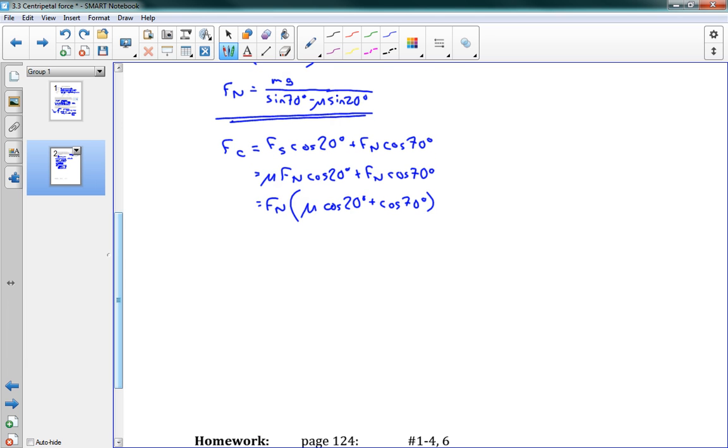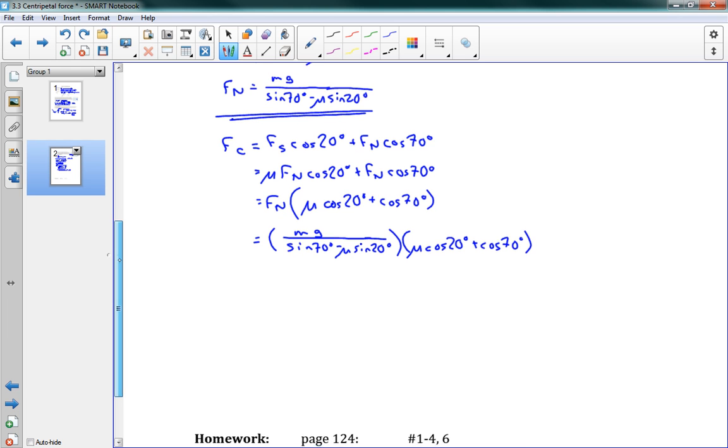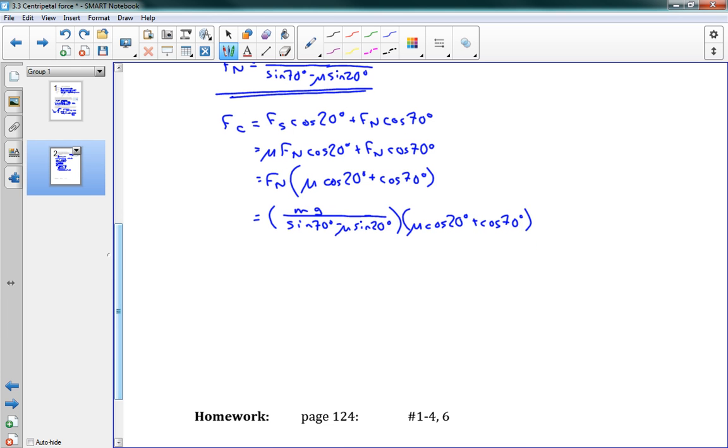So I can say this is equal to mg over sine 70 degrees minus mu sine 20 degrees times now mu cosine 20 degrees plus cosine 70 degrees. And notice this is a lot. But now you can fill in your numbers for all of these, and we can get a value for Fc.